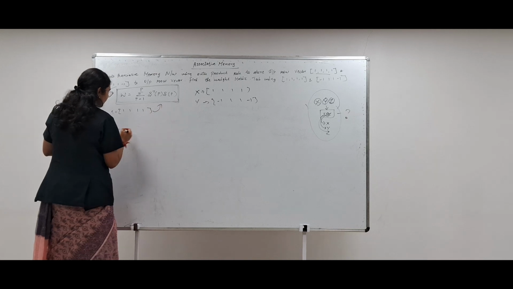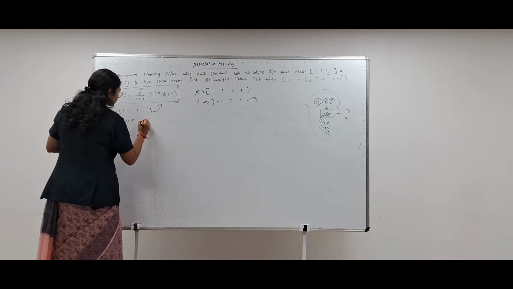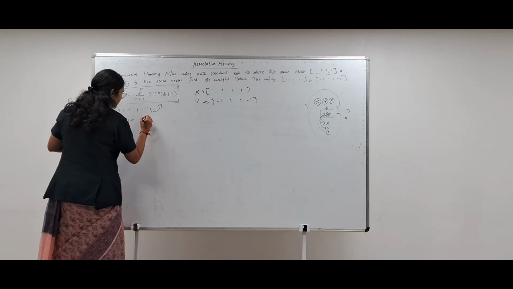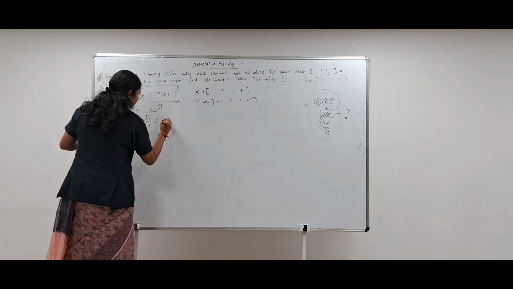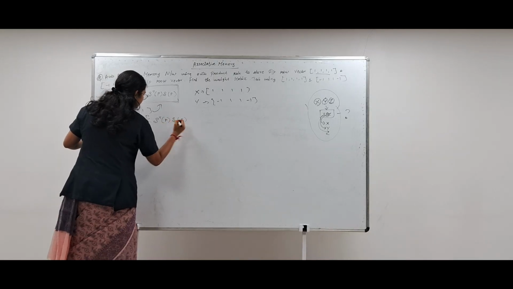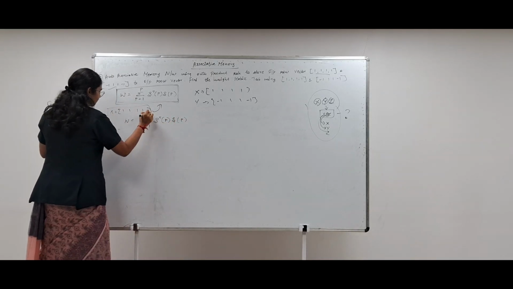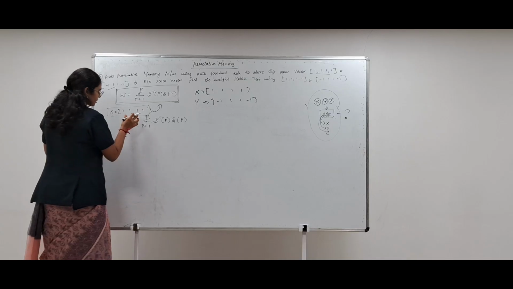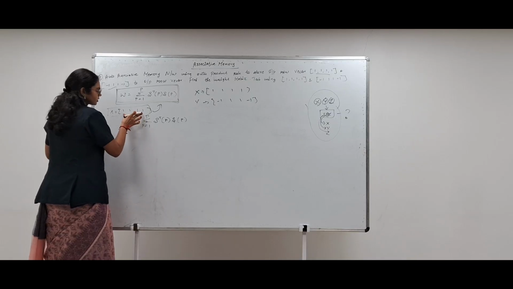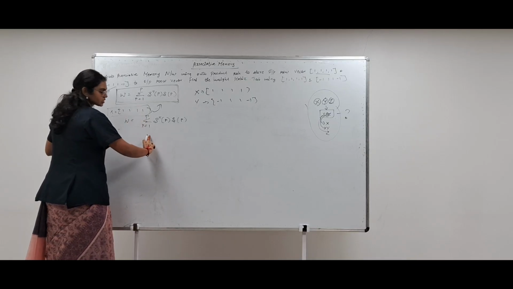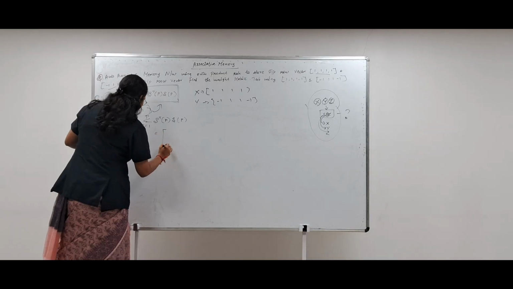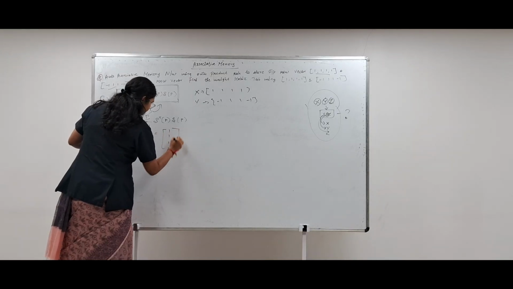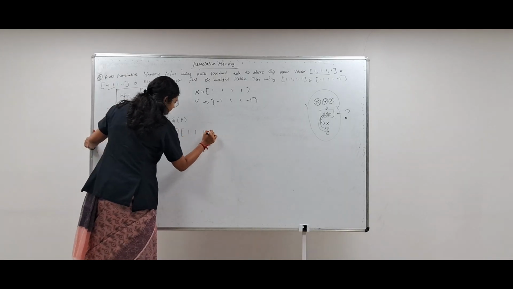By applying the formula, w is equal to summation of p equal to 1 to p, s transpose of p into s of p. Considering this as s of p, we use this matrix as a transpose matrix, so 1, 1, 1, 1 into 1, 1, 1, 1.